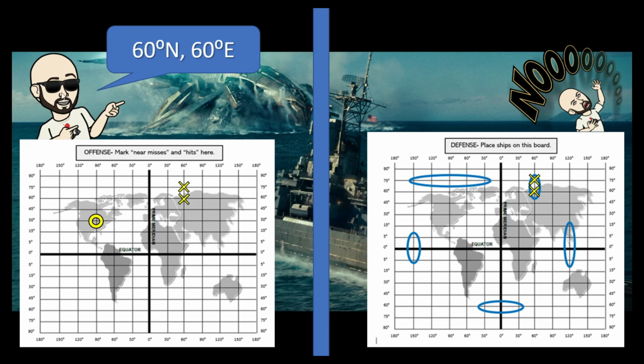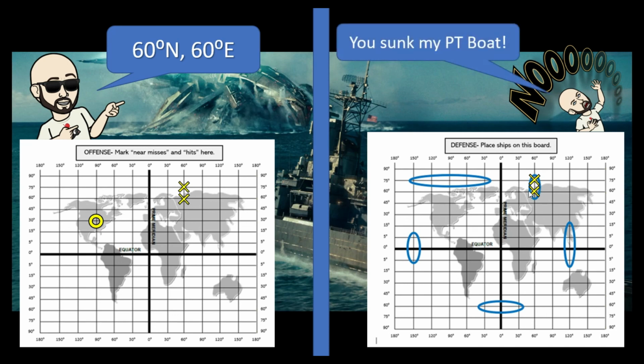But this person needs to know that this ship is sunk. It's not a bigger ship. So when you sink a ship, you will say, you sunk my PT boat. And you'll do that for each of these ships. So if there's a hit here, here, here, here, and here, this person will say, you sunk my carrier.